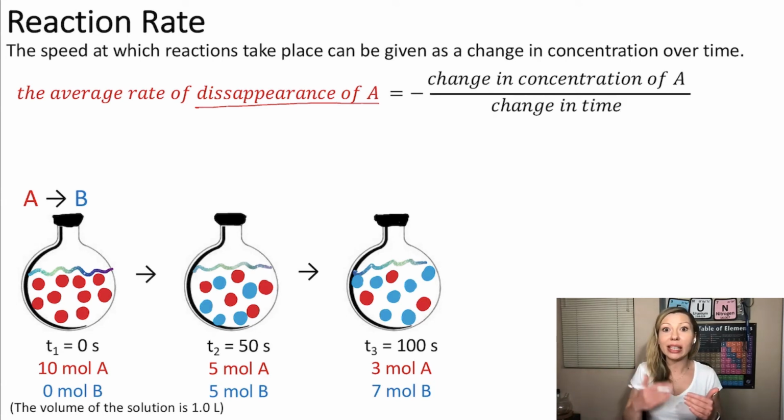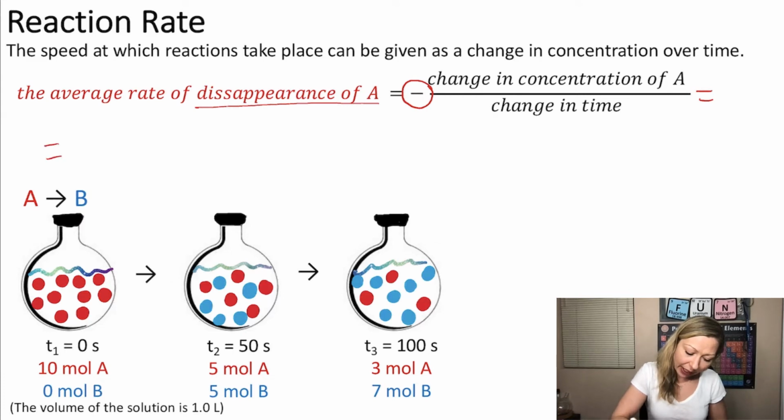Similarly, the reaction rate cannot be negative, it should be positive. So I need to add a negative sign in order to calculate the rate for the disappearance of my reactant. Why? Let's take a look at the calculation.